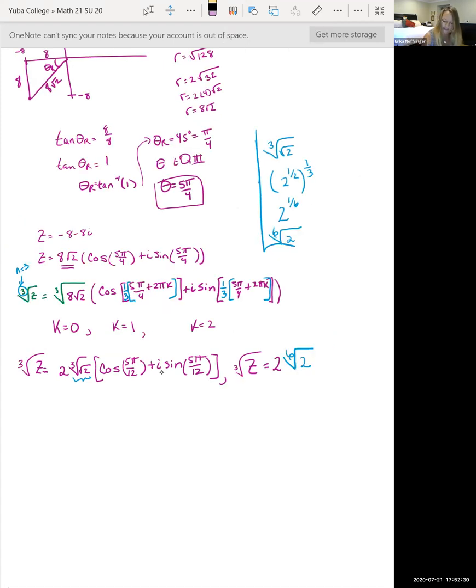And then e to the I, and then our angle here is 5 pi 12ths. So there's one of the roots of that complex number. We can find another one. So that was when k is equal to 0. We have to look at when k is equal to 1.